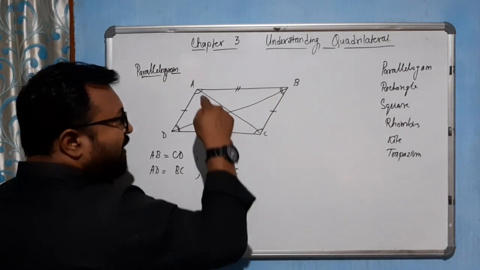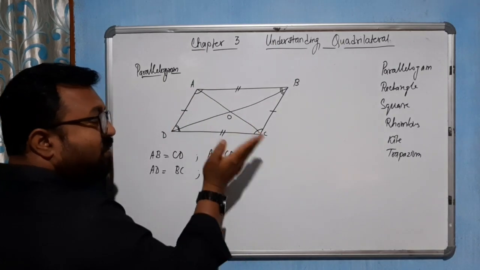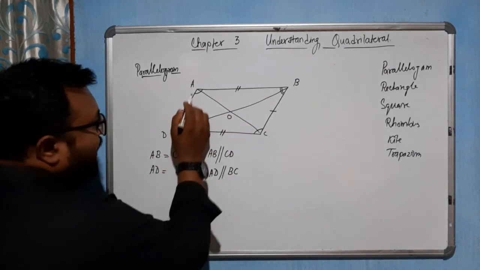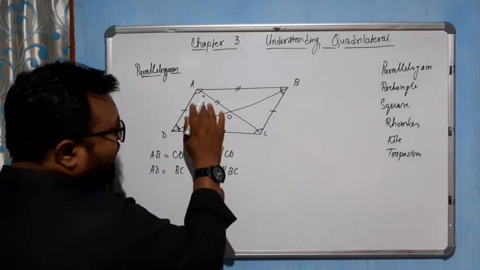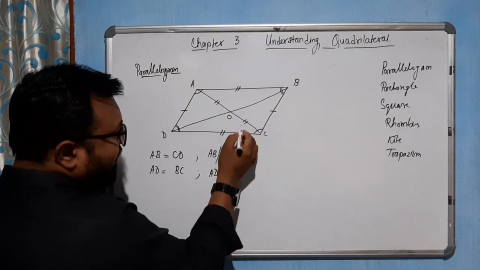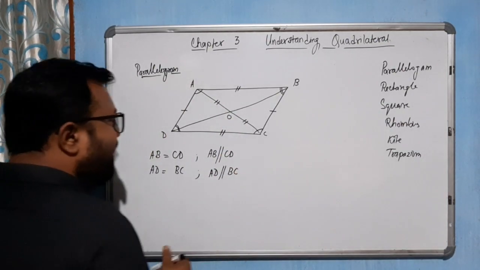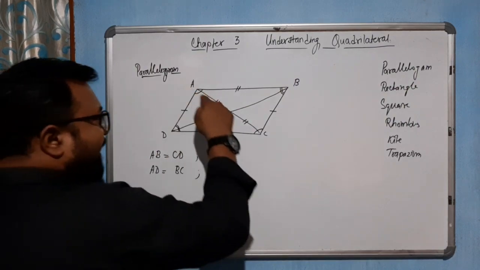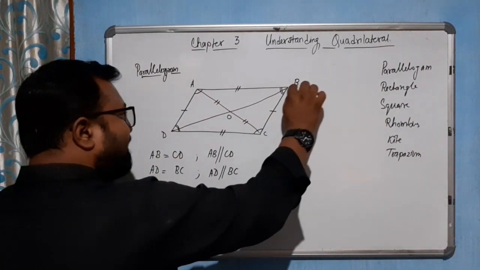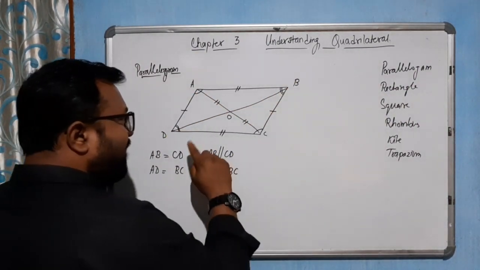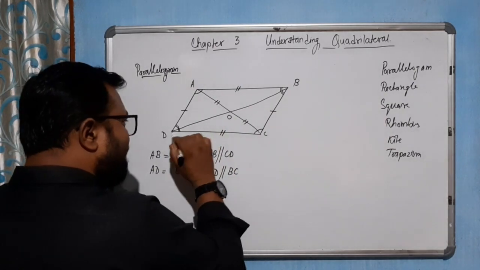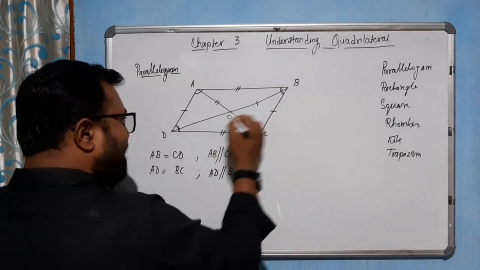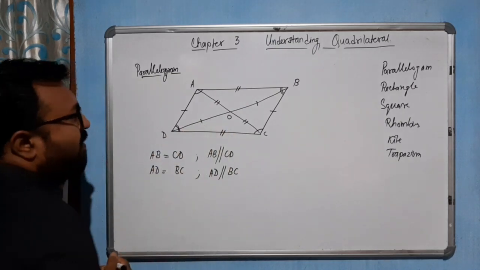Bisected means this line has been divided into two equal parts. Means AO is equal to OC. Same way, diagonal AC bisects the diagonal BD into equal parts. Means OB is equal to OD.